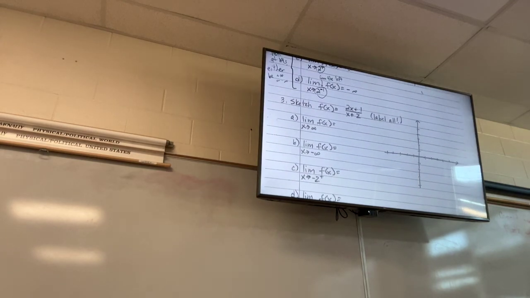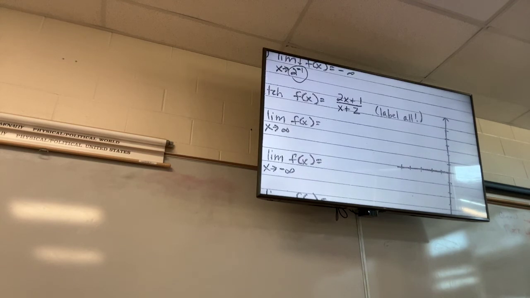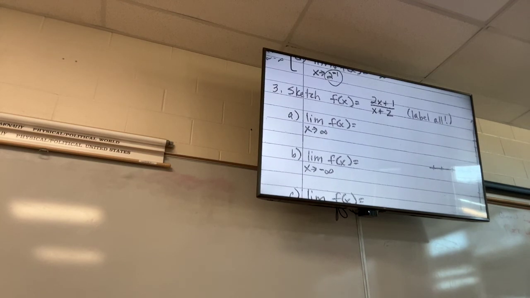Alright, first thing I do. Factor. Can I factor this? No, so we jump straight into the zeros. Set the top equal to 0 and solve, you'll get x equals negative 1/2.